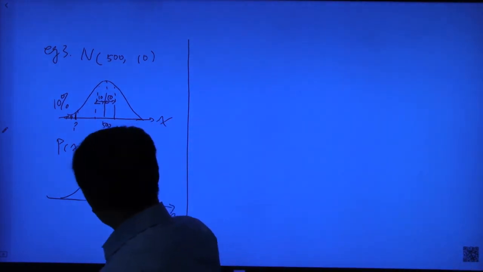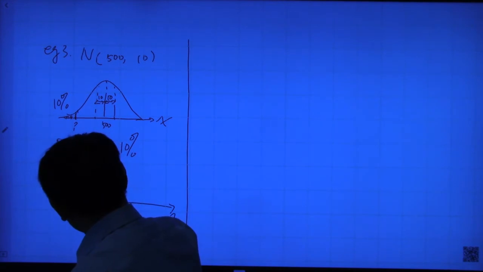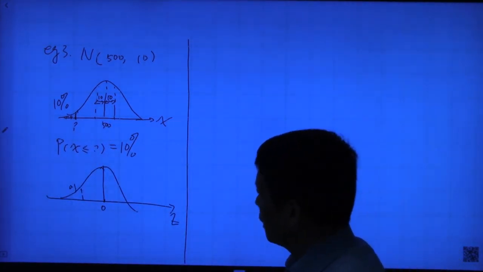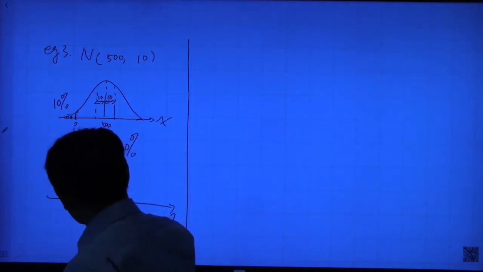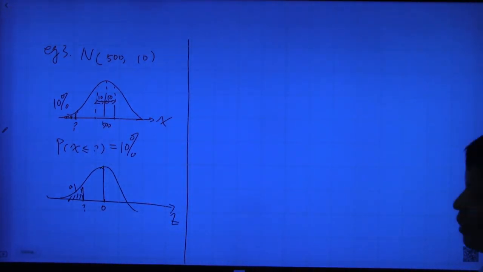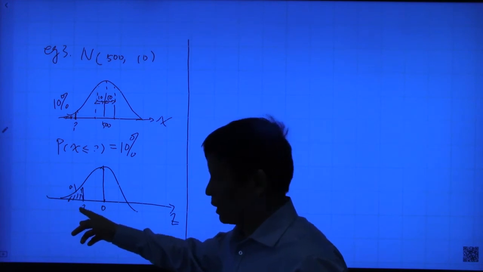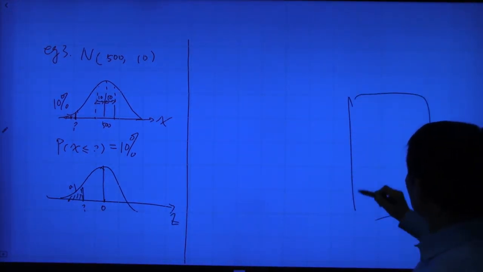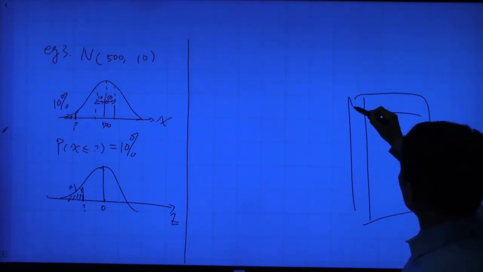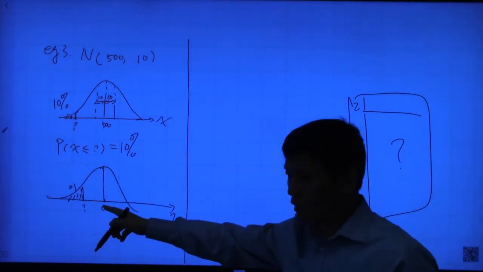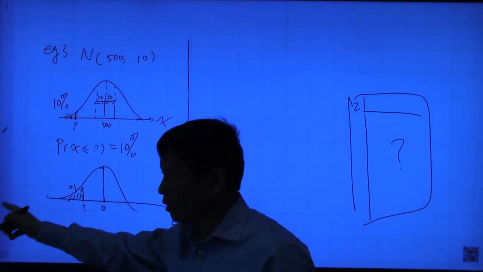From table A, we know this one equals 0.1, equals 10%. And this is the proportion from this point, which we are looking for, all the way to the left. From the understanding of table A, the numbers in the center of the table give us the area from this point all the way to the left.